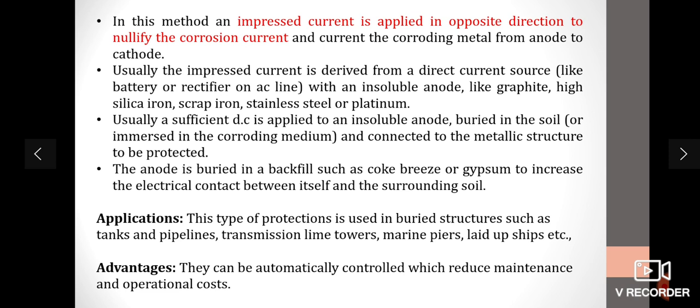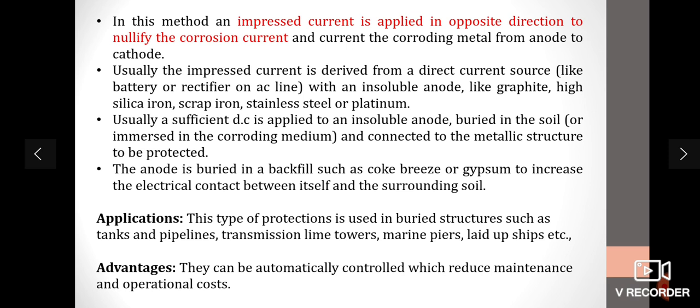Usually, a sufficient DC is applied to an insoluble anode buried in the soil and connected to the metallic structure to be protected. The anode is buried in a backfill such as coke breeze or gypsum to increase the electrical contact between itself and the surrounding soil.